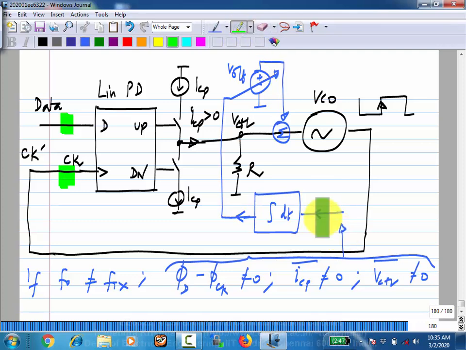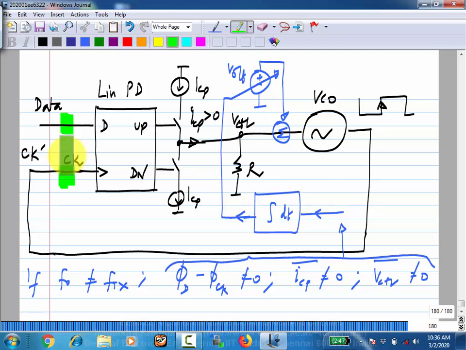If the phase difference is not 0, then this output of the integrator will be either constantly ramping up or ramping down. It will keep on adjusting V offset. And this V offset will move and it will lock to a new phase offset and so on. And then the whole thing will settle down only when the integrator output is constant, which means the integrator input is 0, which means that the phase offset here is 0.